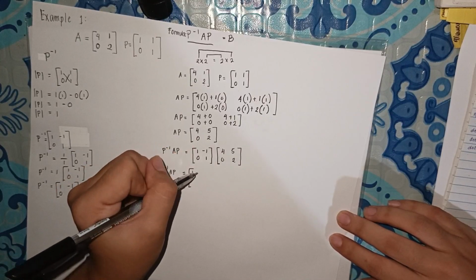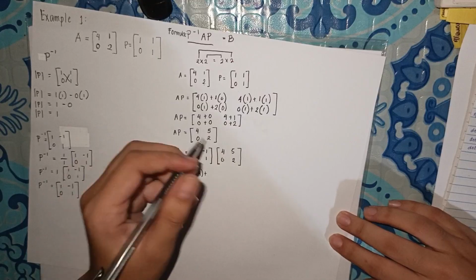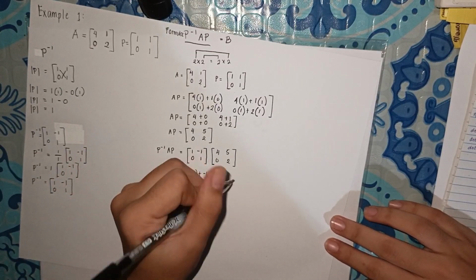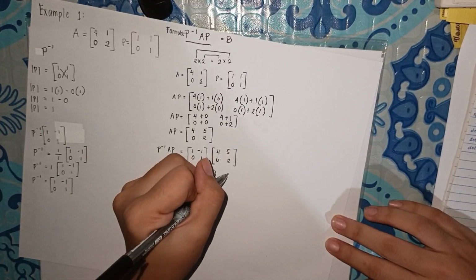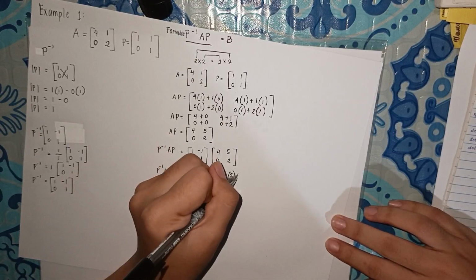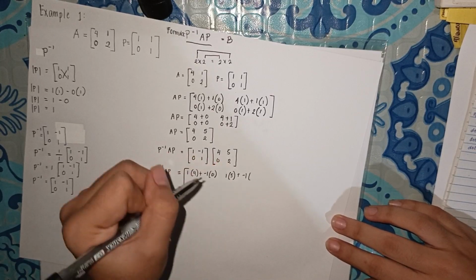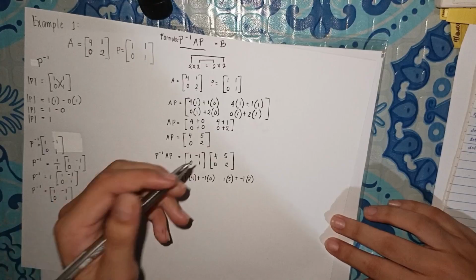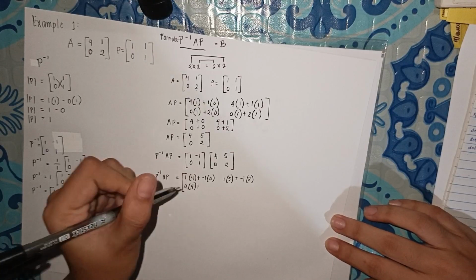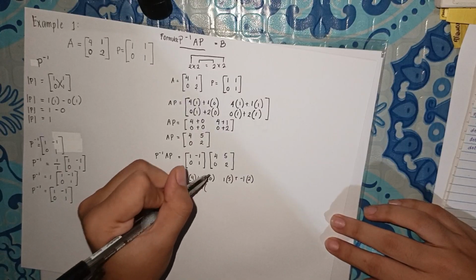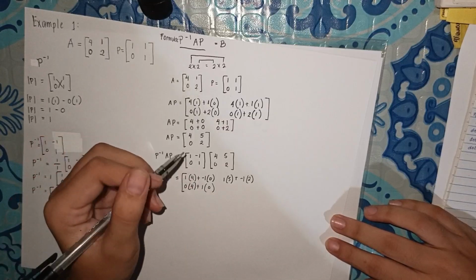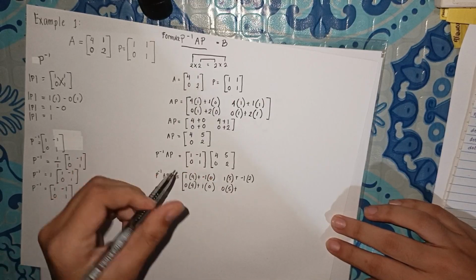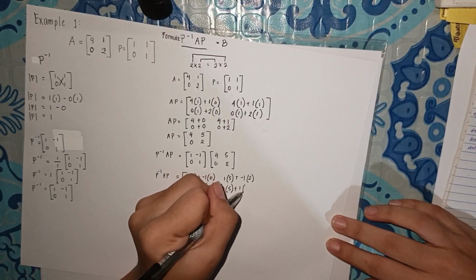1 times 4 plus negative 1 times 0. Then, 1 times 5 plus negative 1 times 2. Next is 0 times 4 plus 1 times 0. Next is 0 times 5 plus 1 times 2.